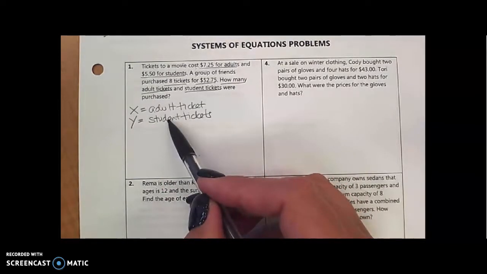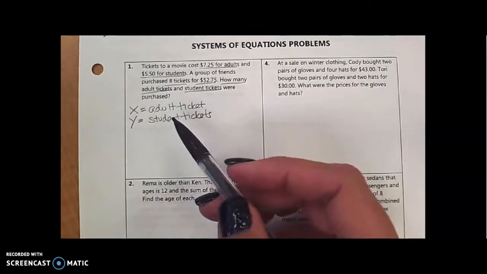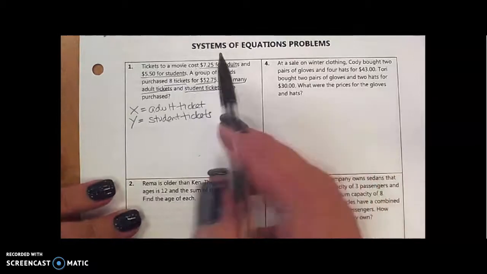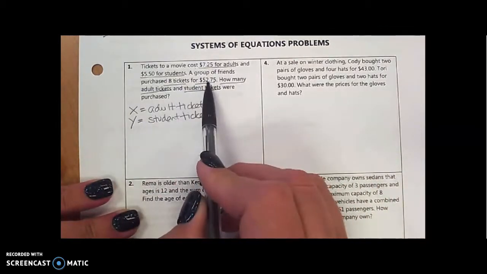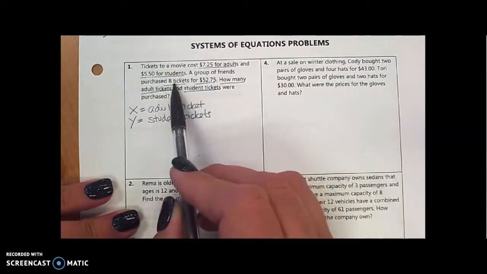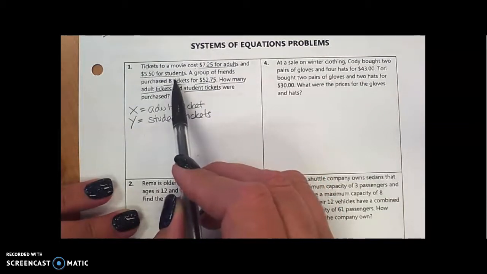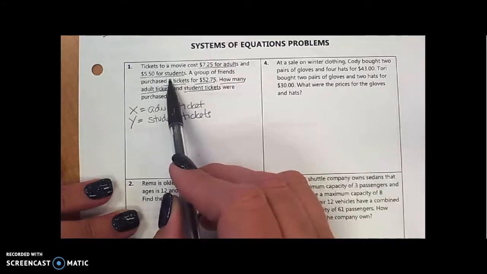All right, so we're going to make this systems, okay? There's two things going on, so we're going to have two equations. We said a group of friends purchased 8 tickets for $52.75. They purchased a total of 8 tickets.